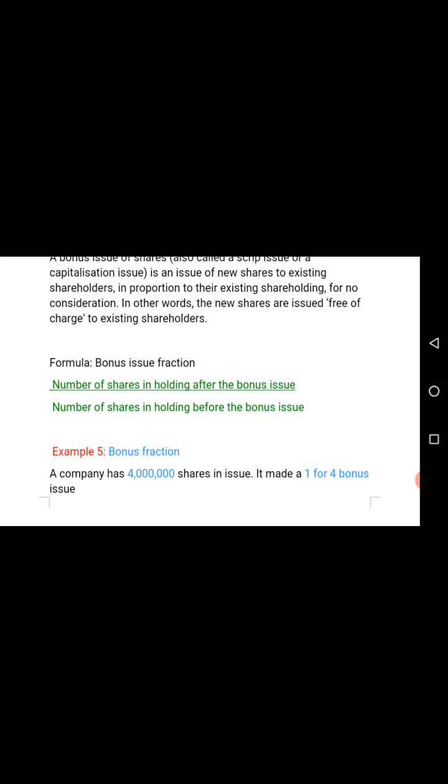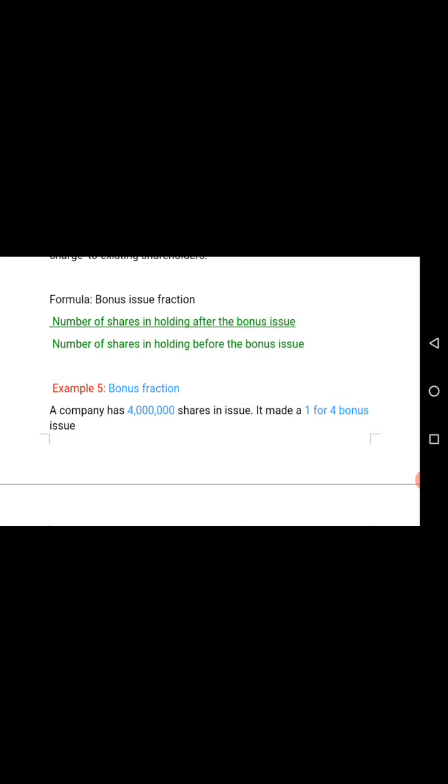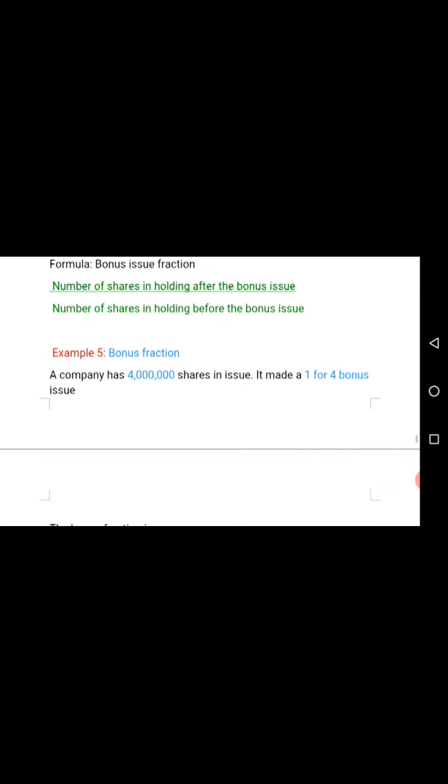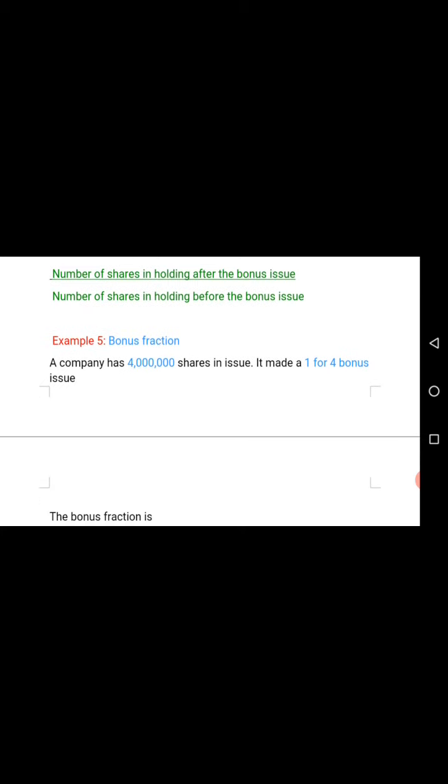So we have example 5 here. It says a company has 4 million shares in issue. It has made a 1-for-4 bonus issue. Now this shouldn't scare us. 1-for-4 means for every 4 shares you own, you get 1 extra share for free.